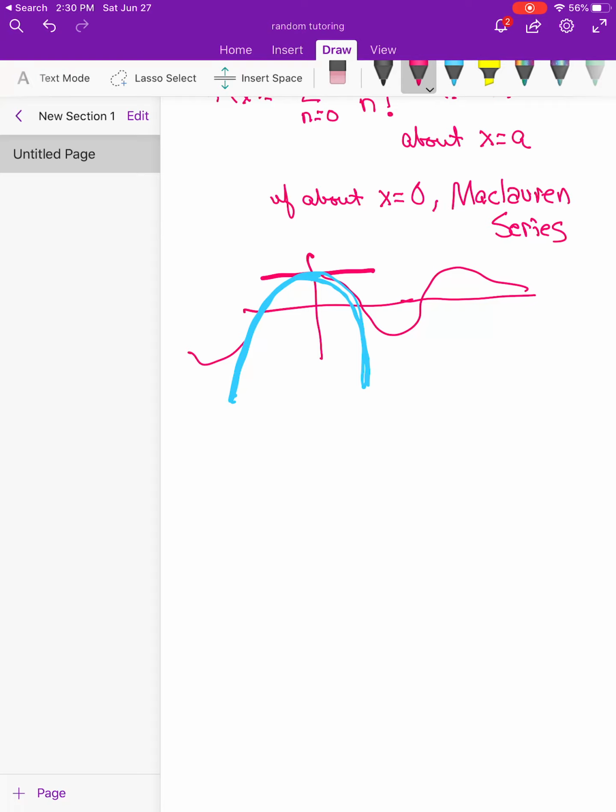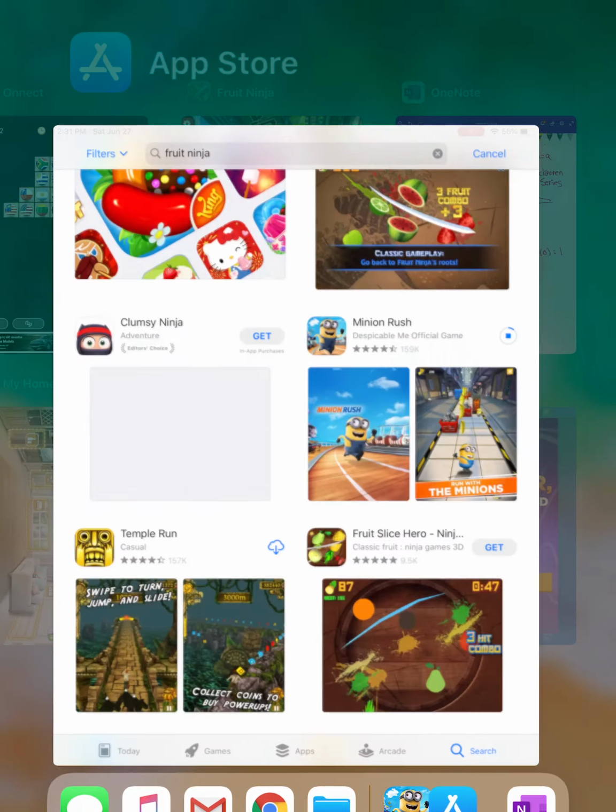In terms of examples, you had a lot and I did a bunch of them out. Let's just take one at the very beginning: cosine of 4x. At n equals 0, which is your original function, f of x equals cosine of 4x, evaluated at 0, cosine of 0 is 1.